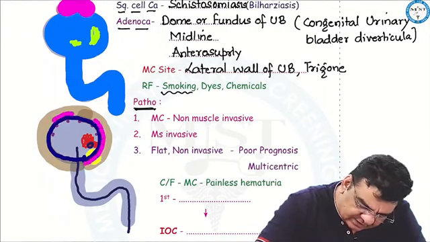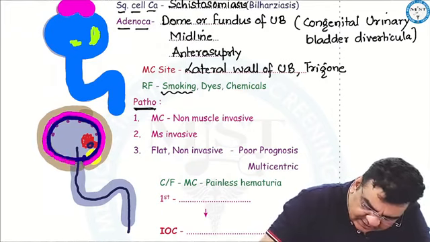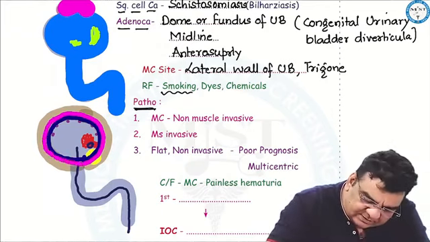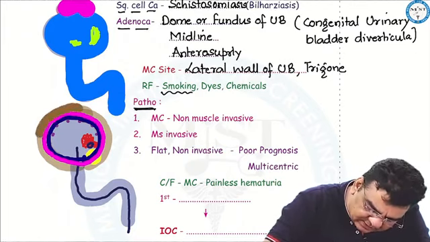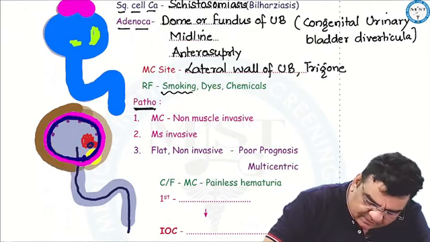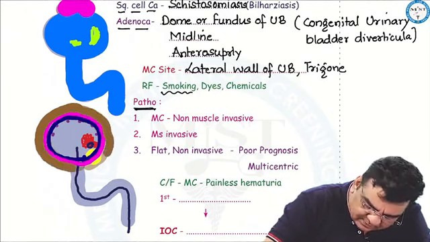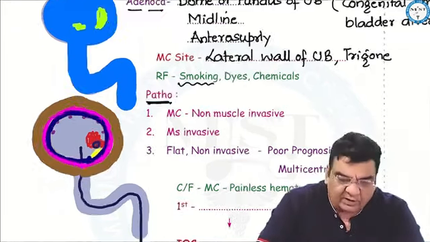And outside the submucosa will be the muscle layer. That is the muscle of the bladder, called the detrusor muscle. And then there will be the adventitia. So these are the different layers of the urinary bladder.